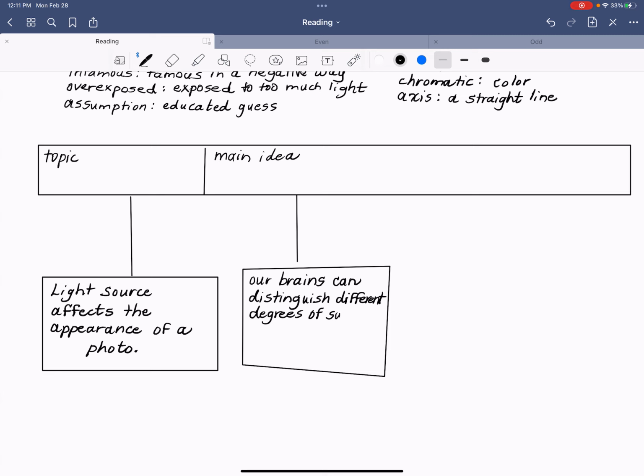Sunlight is natural light through the day without us realizing it. Your brain just does this. You don't have to think about it.